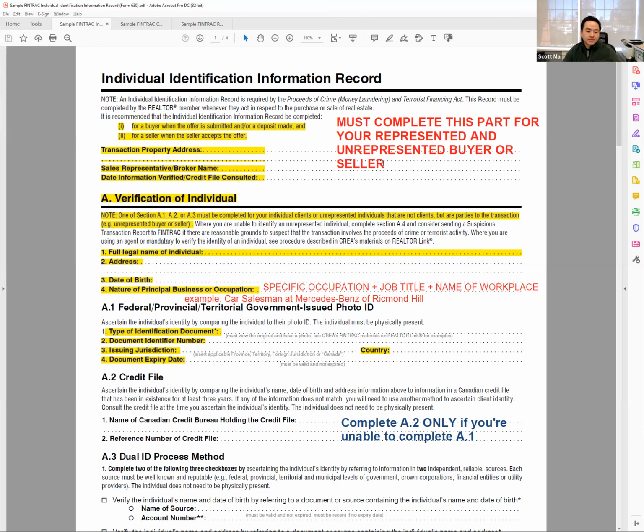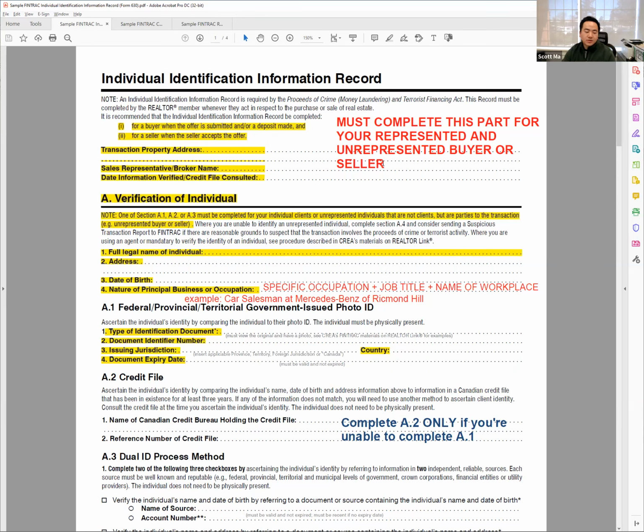FINTRAC form. So the other part of this is if you're doing pre-construction projects, you may encounter from time to time, builders will ask you to complete a mandatary agreement. And what that means is basically the builder is relying on you to verify the individual client's identity.